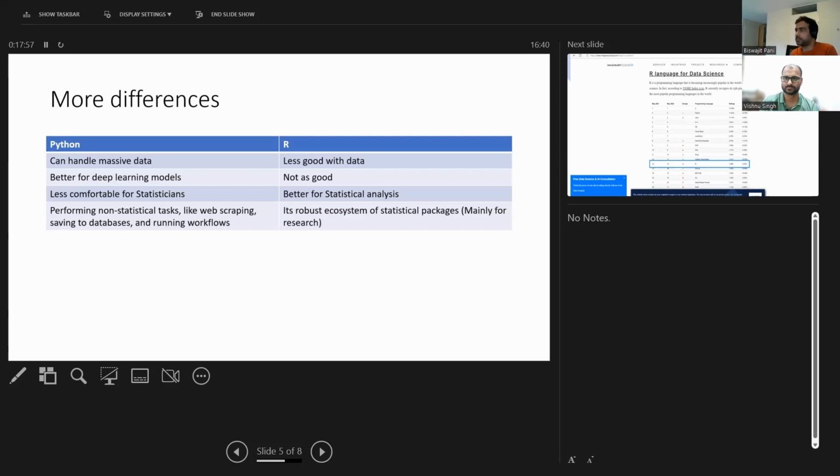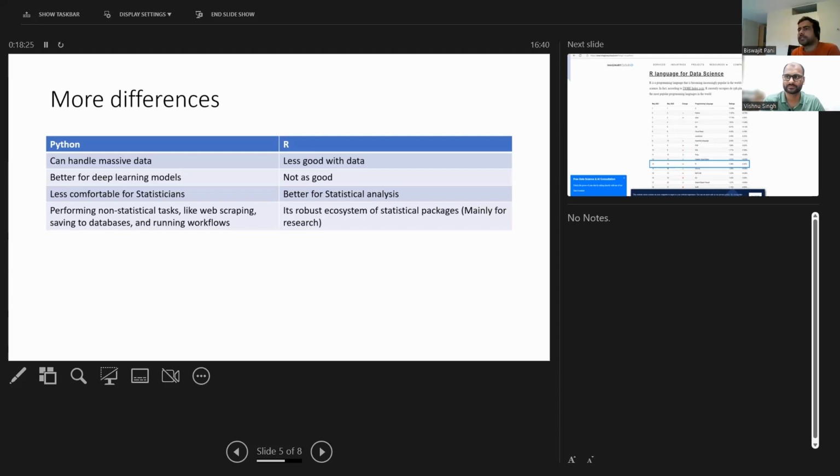For example, in controlled trials, those statistical trials in pharmaceutical companies, there you will use some algorithms for which you can find packages in R, but not in Python. So in those areas, R is a winner, in my view. Correct.